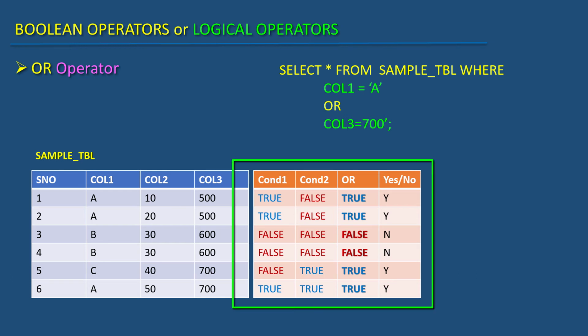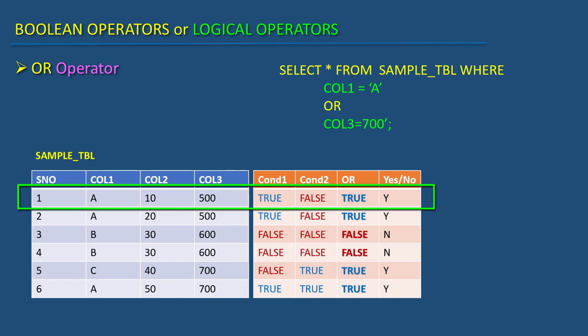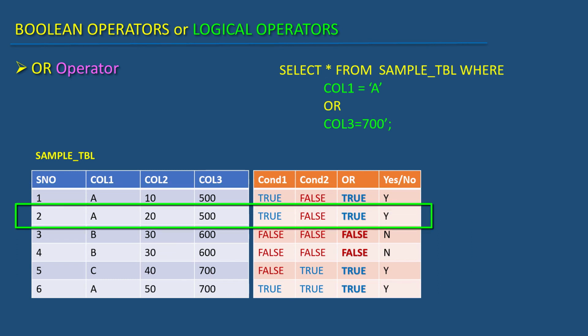So the OR operator's result would be something like this. For the first row, since condition 1 turns out to be true, the final result is true, and so this row will appear in the final result. For the second row, it will be the same as the first row.